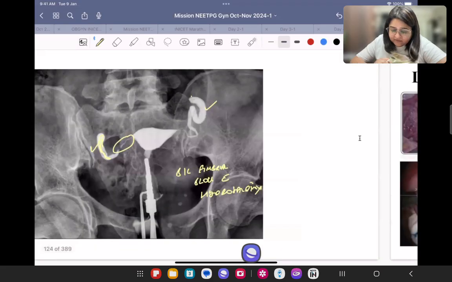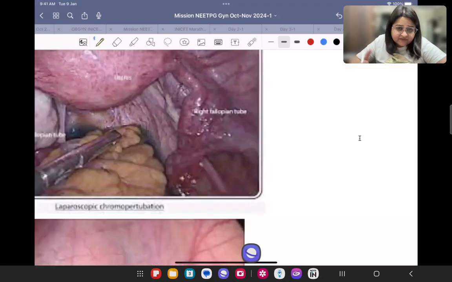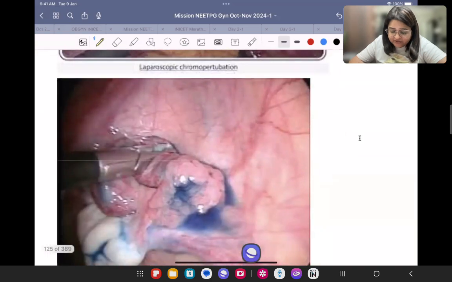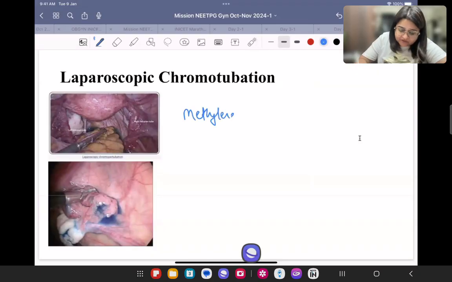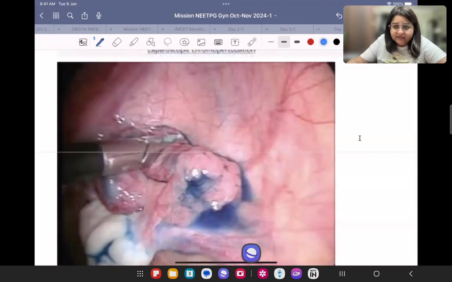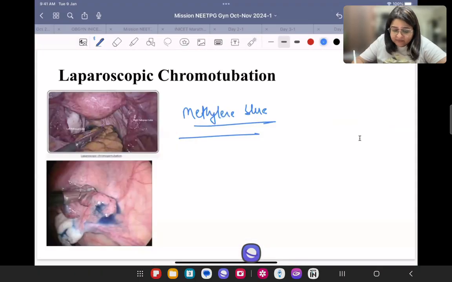Okay, now on laparoscopic chromotubation, why is it the best investigation? Because you're actually seeing everything. So you're seeing the uterus, you're seeing the fallopian tubes, you're seeing the ovaries. Which dye do we use here? Here we use methylene blue dye because it's very well visualized. The blue color is very well visualized against the pink background. Okay, so this is methylene blue, which is injected inside.